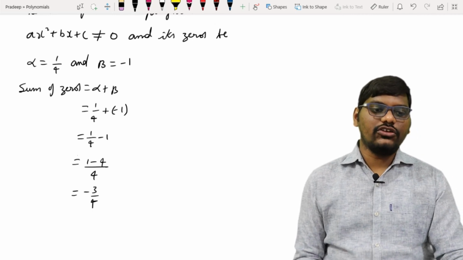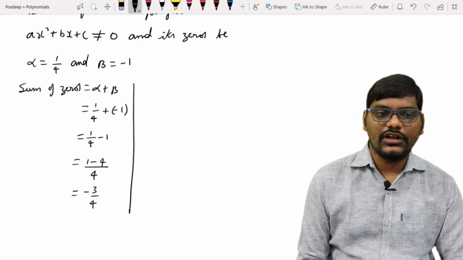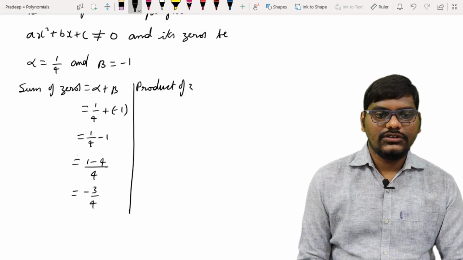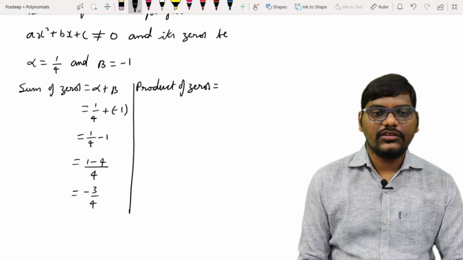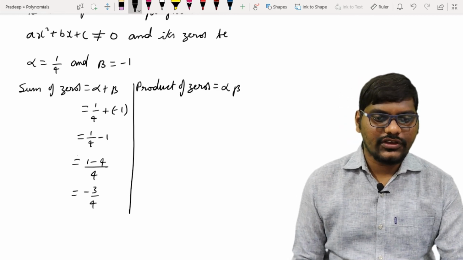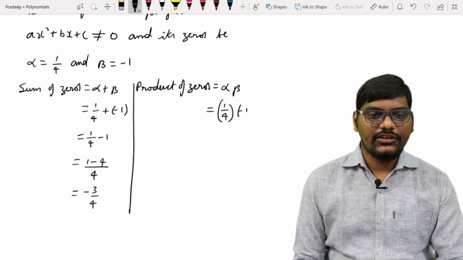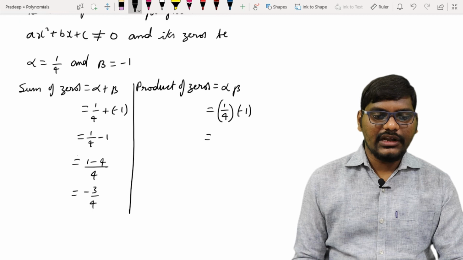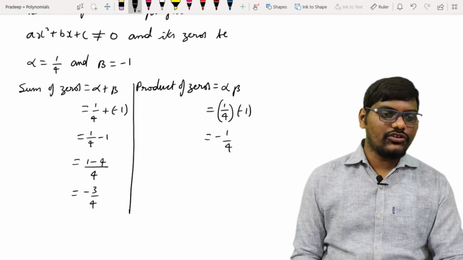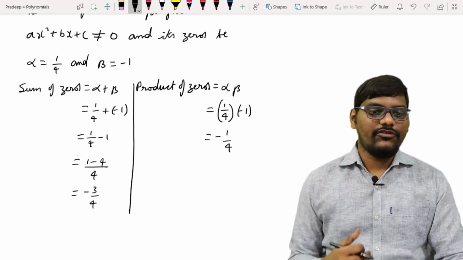This is the sum of zeros. We'll also get the product of zeros, that is alpha beta. So we'll just multiply 1 by 4 into minus 1. Once we multiply, this becomes minus 1 by 4. So the sum of zeros we got is minus 3 by 4, and the product of zeros we got is minus 1 by 4.